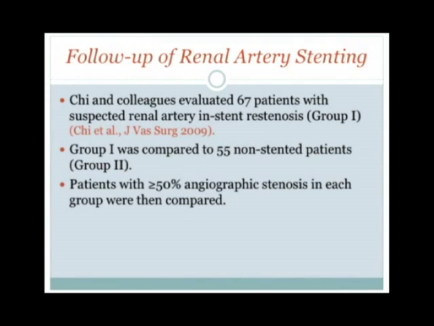She and colleagues looked at 67 patients. They had two groups, specifically looking at in-stent restenosis. One was the group that had been stented, and one was a group that had not been stented. But both groups had at least 50% angiographic evidence of stenosis in the renal arteries.